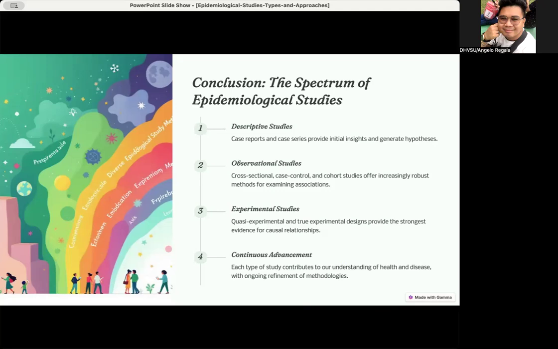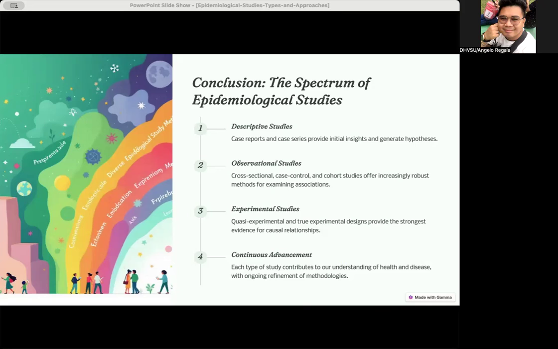Then we have experimental studies such as quasi-experimental and true experimental designs, which provide the strongest evidence of a cause and effect relationship. And finally, with these types of studies, we can have continuous advancement in understanding health and diseases, with ongoing refinement of different methodologies.